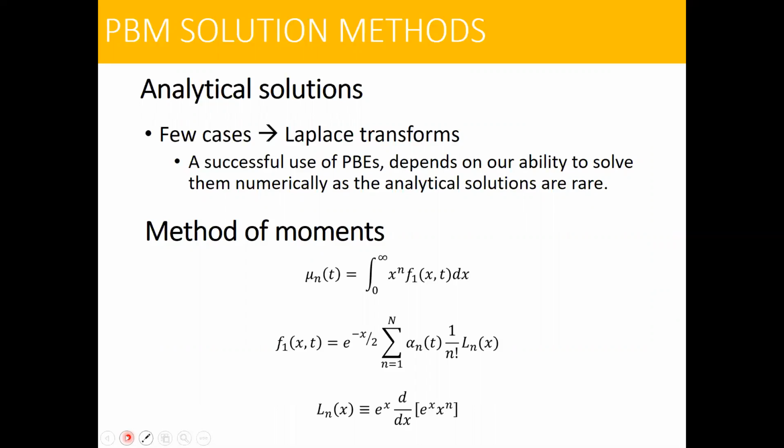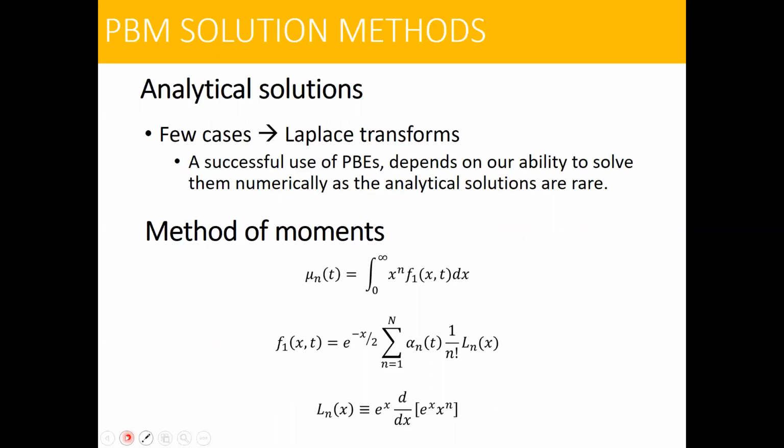The applied technique is one of using Laplace transforms. Then, a successful use of population balance equations depends on our ability to solve them numerically, as analytical solutions are rare. I'm going to list some of the known methods.